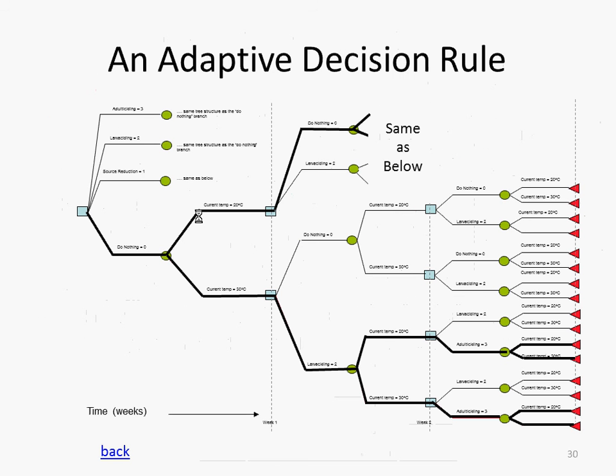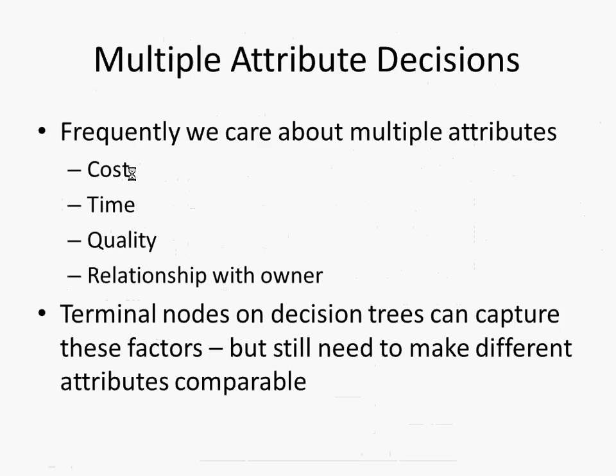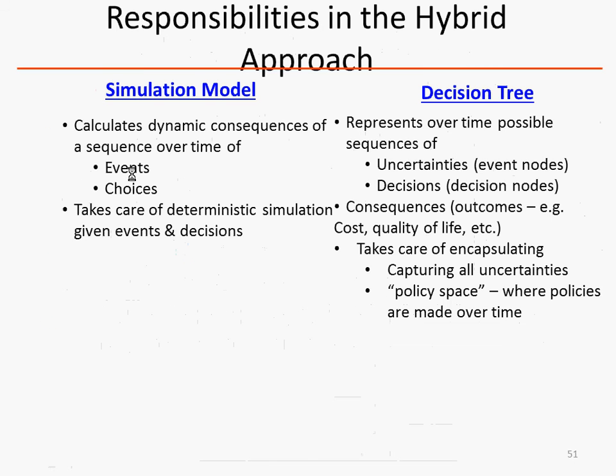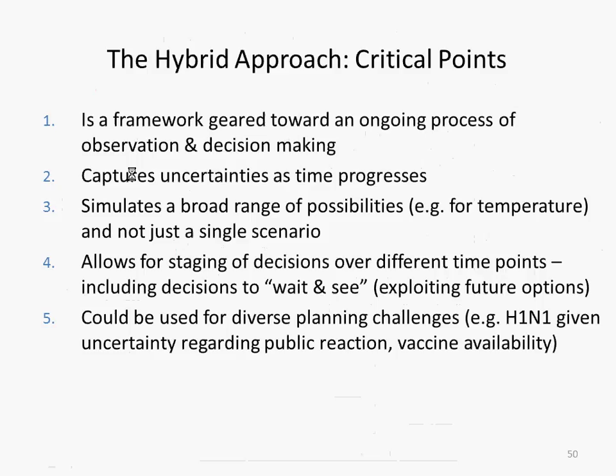You might want to hedge your bet early on and say, okay, we know there's this broad range of uncertainties, so we're going to decide now to do some source reduction. Get that in place early on so that later you don't need to do larviciding. You can head that whole option off. You don't need to even think about adulticiding or anything. You head it off.